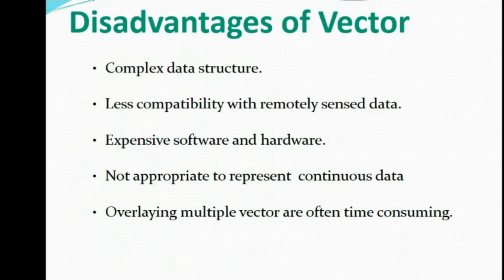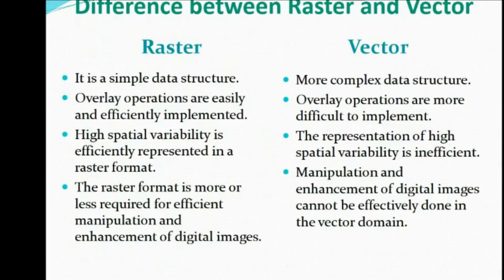So the vector data format has less compatibility with remotely sensed data, and the software and hardware are expensive. It is not appropriate to represent continuous features like rainfall, elevation, temperature variation, etc. Only up to one dimensional or two dimensional features we can represent using vector, but not 3D features. Overlay analysis will be time consuming in the case of vector data analysis.